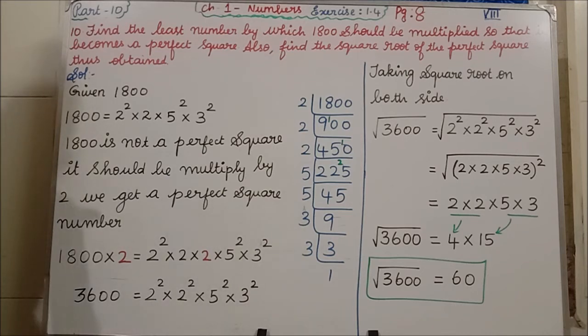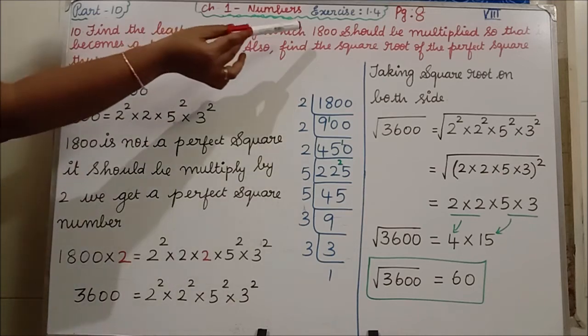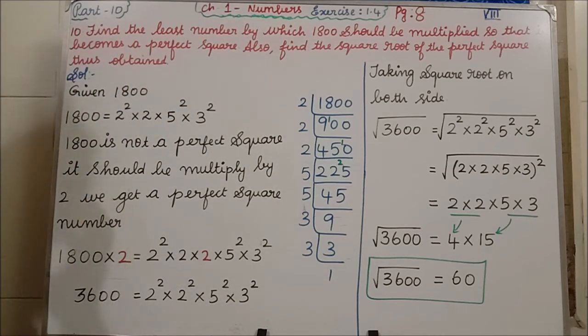But in the 10th question, what number should be multiplied? Which number we have to multiply to make this 1800 a perfect square, we have to find. Clear the question? Now, given number is 1800.